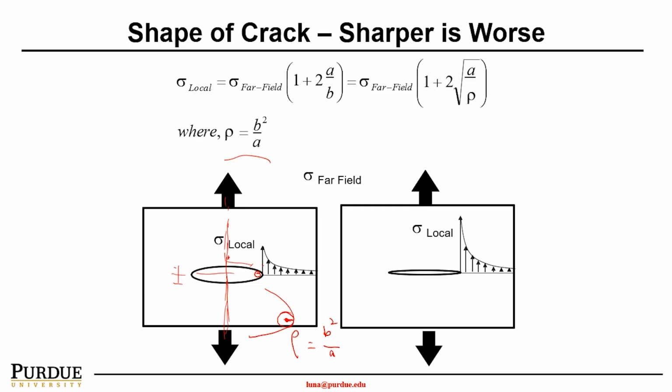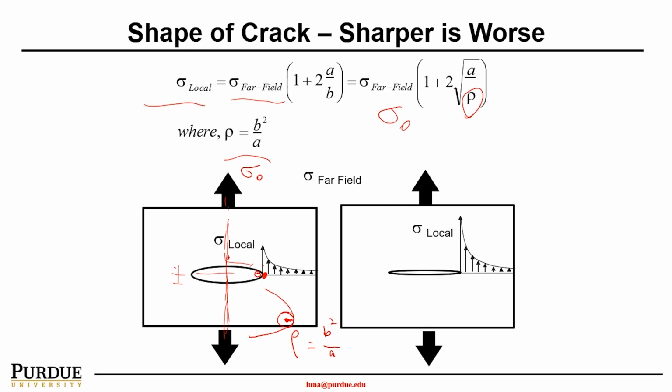So the sigma local, the stress concentrated at the tip of the crack, should be equal to sigma far field, the loading sigma null applied on the material, times 1 plus 2a over b. Or we can rewrite this as sigma null times 1 plus 2 square root of a over rho.